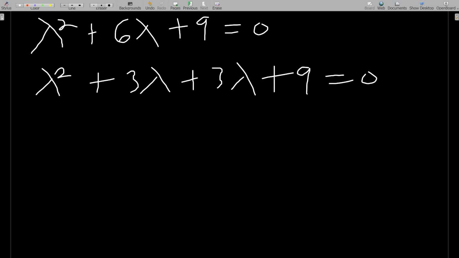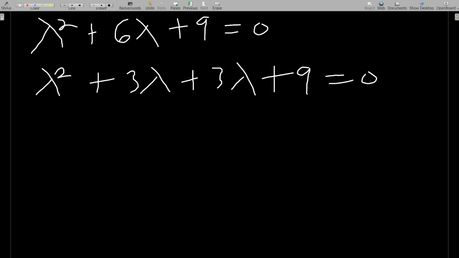What you do is find the coefficient of lambda squared, that is 1. You multiply it by the c, which is 9, and you get 9. So the factors of 9 that when you multiply give 9, but when you add give 6, are 3 and 3. I'm using that old formula that you know.